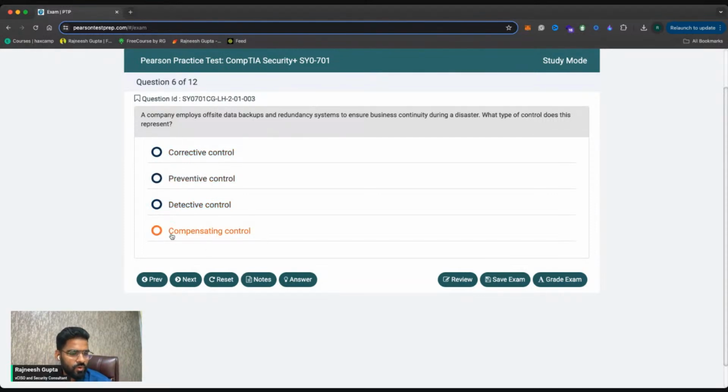Compensating is like a workaround solution. Compensating is not a foolproof solution. Detective is all about detecting or monitoring or having a good analysis or monitoring activity. It couldn't be preventive, so most likely it should be corrective.